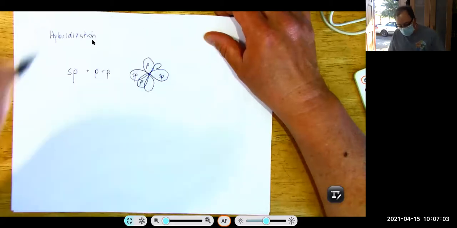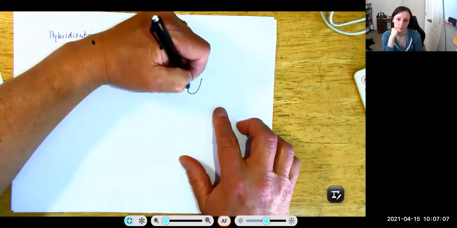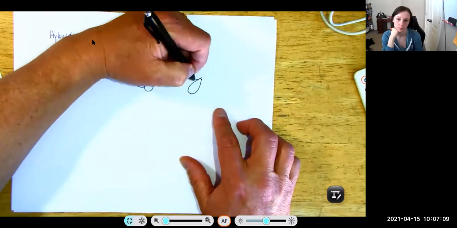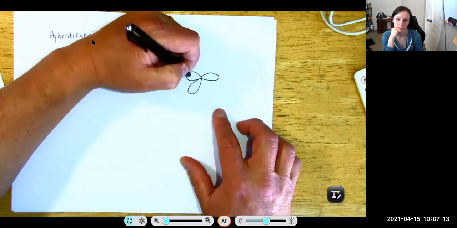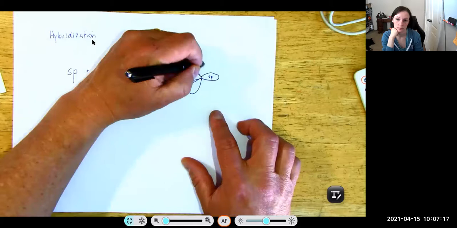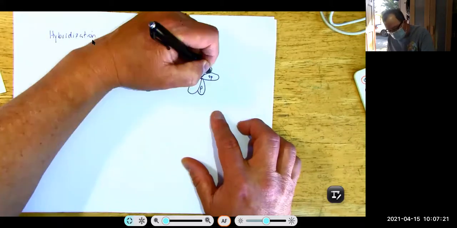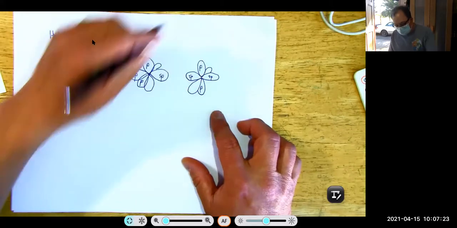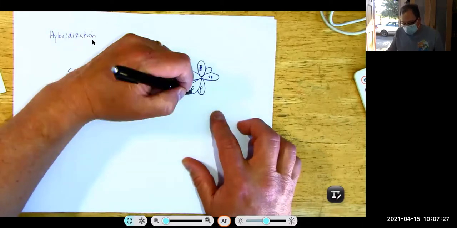Now if I redraw this, it looks kind of like this. What I'm trying to do is draw this so that you can kind of see the arrangement.